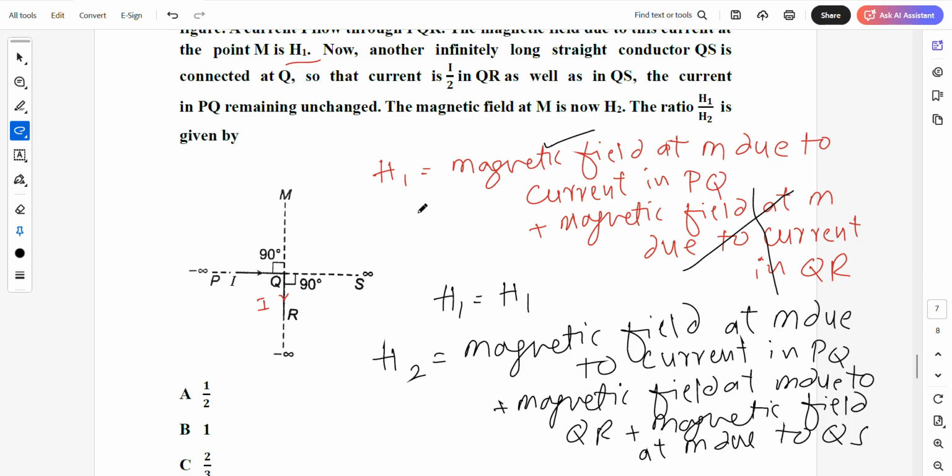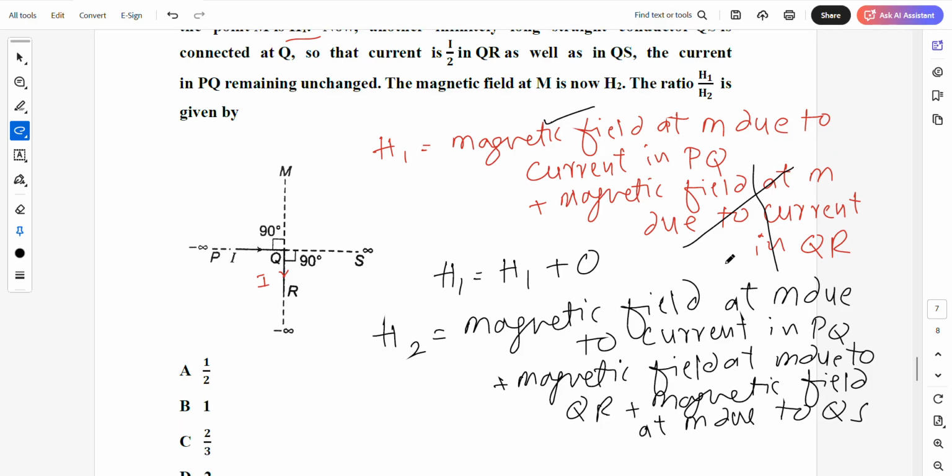See, in the very first case, this is H1. Magnetic field at M due to current in PQ will be H1 itself. There is no contribution of this one. Magnetic field at M due to current in QR will not be there, that is 0.